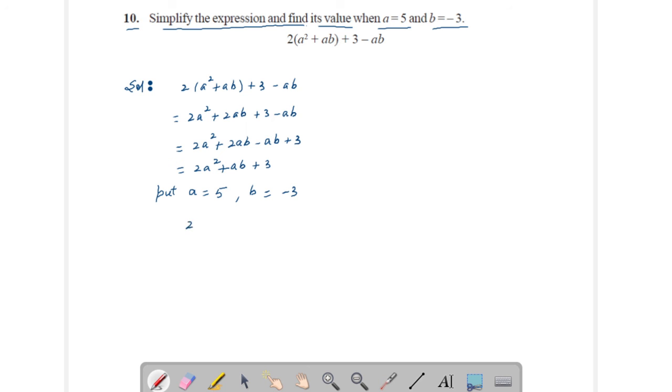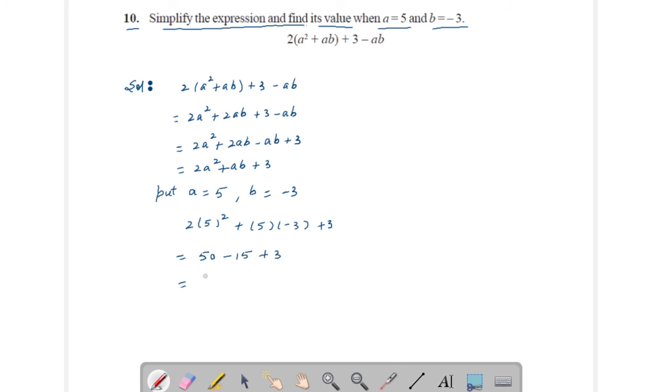2, replace a by 5 whole square plus a is 5, b is minus 3, plus 3. Solve it. 5 square means 25. 25 into 2, it is 50. 5 into minus 3, it is minus 15, plus 3.